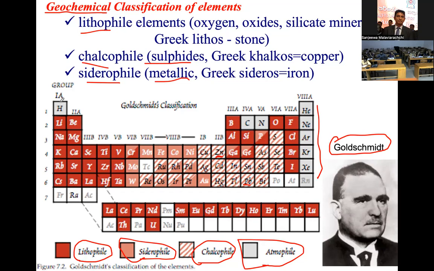But in addition to these, we have another geochemical group which is also included in this classification, especially in terms of chalcophile and siderophile groups. For example, we have platinum group elements, platinum, palladium. Of course, they are metals, but they belong to a special type of properties.